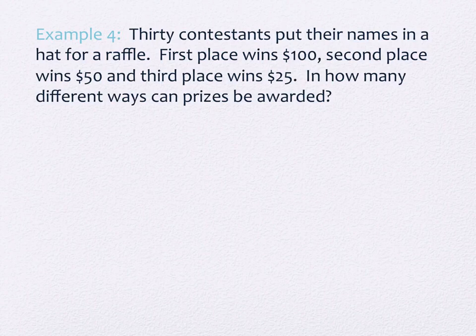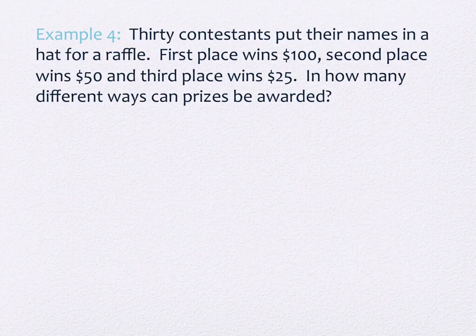If I win the first place prize, I win something different than the second place prize. Much like my medals example, first place is different than second place. But there are still 27 people who don't win anything. Those are the indistinguishable pieces of this problem.